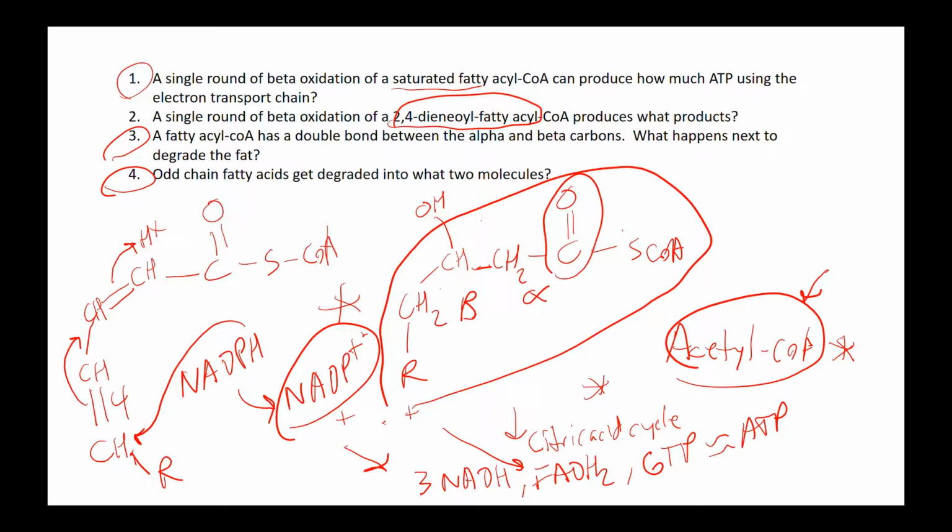But at the very end, we end up producing a slightly different species because once we have only 3 carbons left, we now have another molecule called propionyl-CoA. All right, so our products that we would get out are acetyl-CoA and propionyl-CoA. We get both of these products out of the degradation of an odd chain fatty acid.